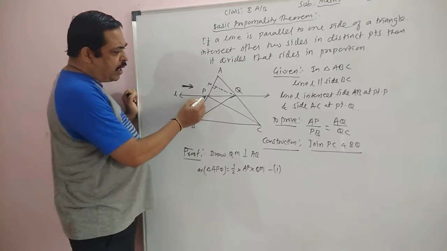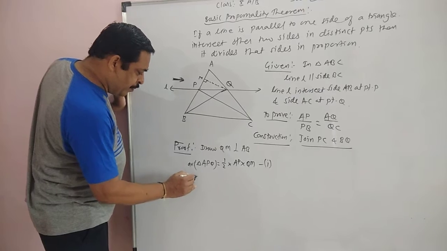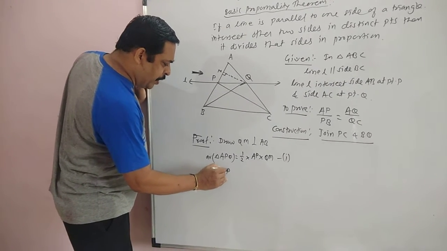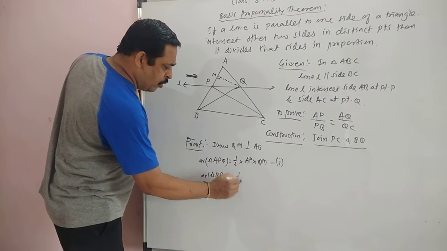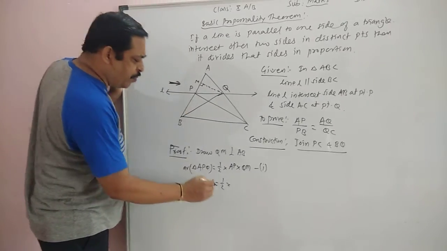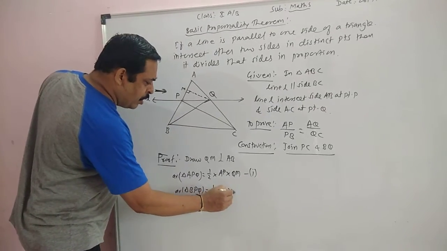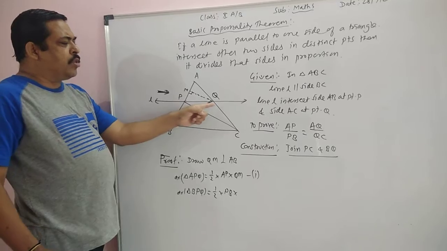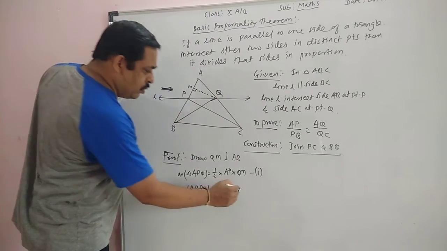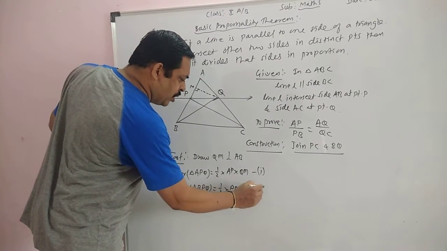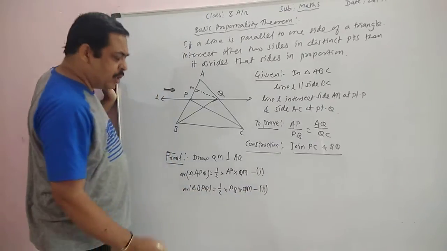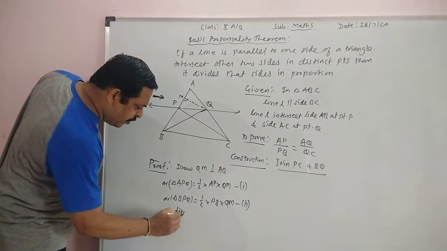Now in triangle BPQ, area of triangle BPQ is equal to 1 by 2, base PB into height, height is also QM. Denote it as equation number 2. Divide equation 1 by 2.